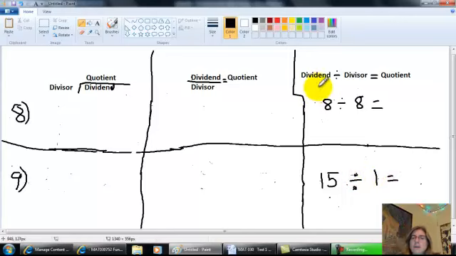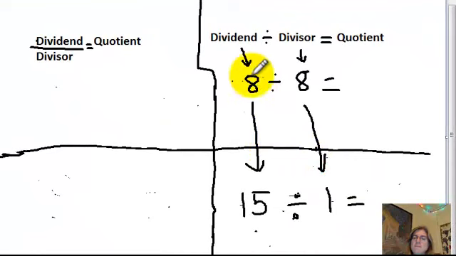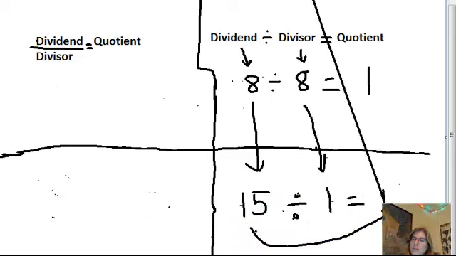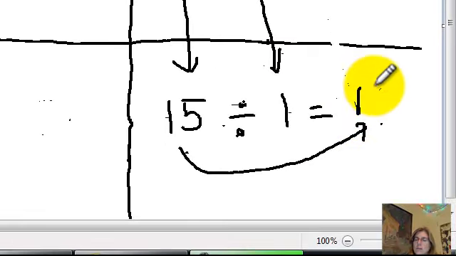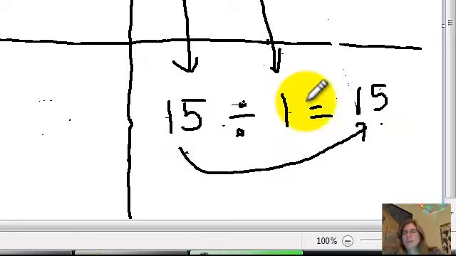Dividend on the left, divisor on the right. Whenever they're the same, your answer is 1. Whenever a 1 is the divisor, the answer does not change. The dividend doesn't change; 1 does not change anything.